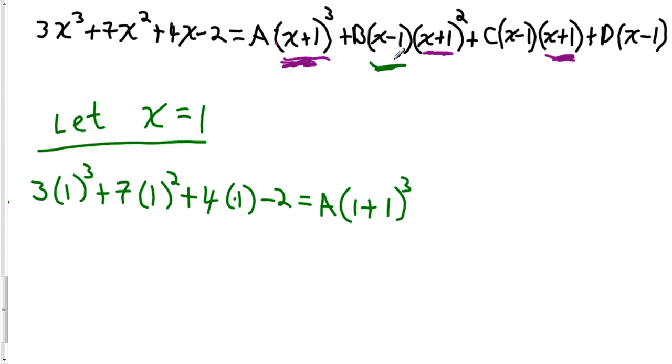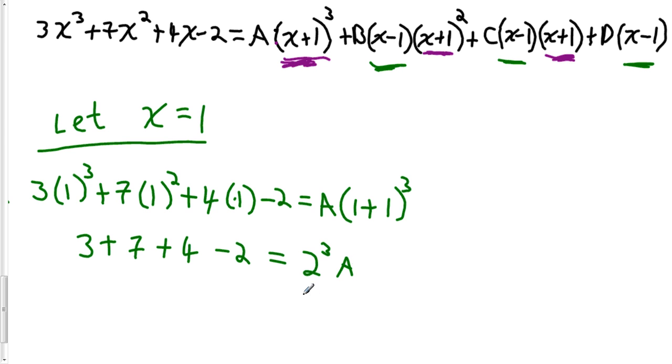As a matter of fact, any term containing the factor x minus 1, like this term right here and this term right here, will all turn to 0. Therefore, this will be the only term left. And what I'll get here is 3 plus 7 plus 4 minus 2 is equal to 2 to the third power times a, where 2 to the third power is 8.